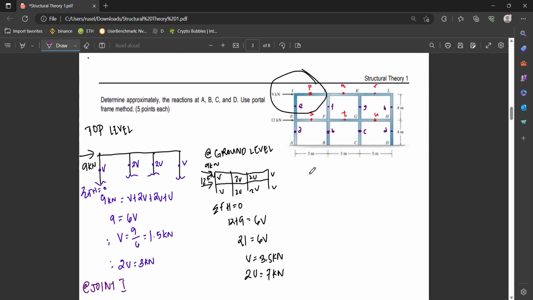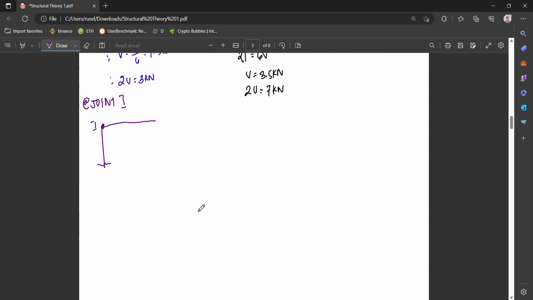The height is 4, so half of that is 2 meters.